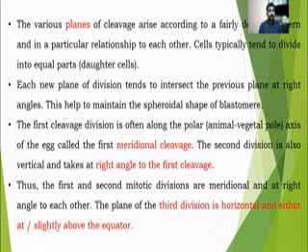After these first two cleavages, the third cleavage occurs at the horizontal position or the equatorial position. This third division is horizontal, no doubt, but either slightly at the equator region or slightly above the equator region.